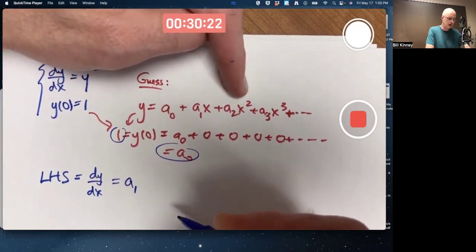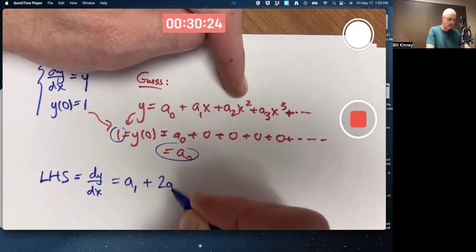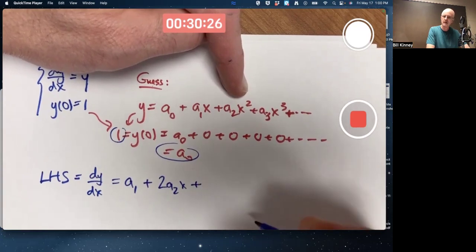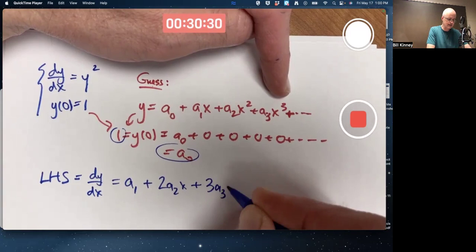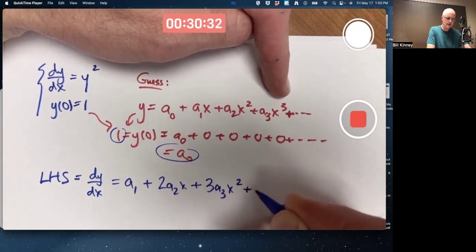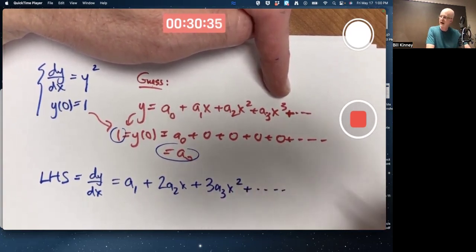The derivative of the next term is a plus 2A2x. The derivative of the next term is a plus 3A3x squared. Then it would be 4A4x cubed plus 5A5x to the 4th plus 6A6x to the 5th, etc.